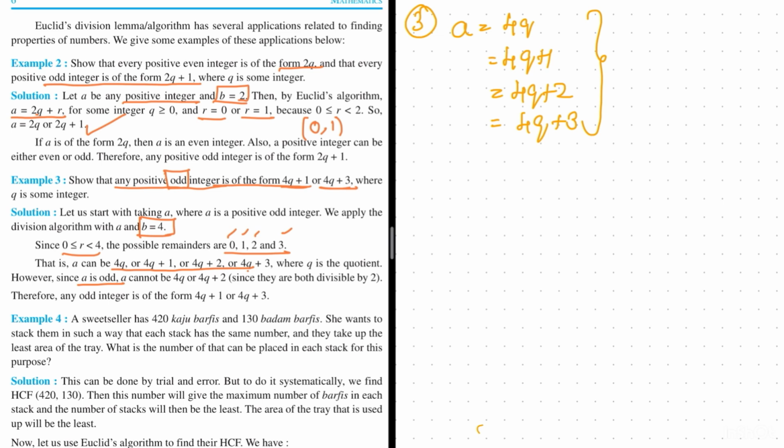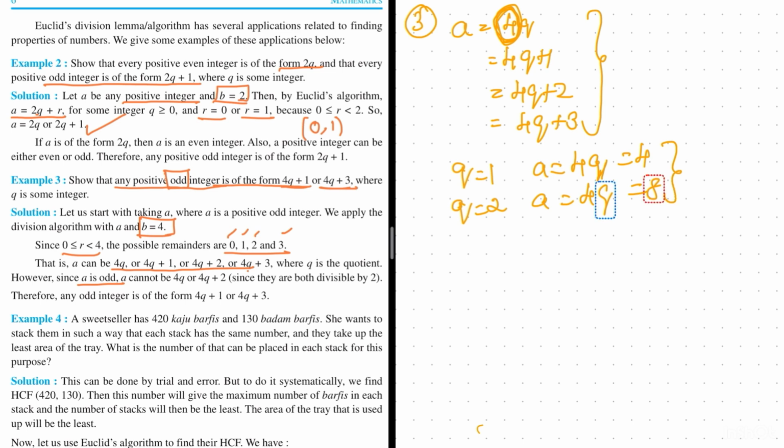So if a has to be odd, note that 4q is a multiple of 4. For any value of q substituted, for example q is equal to 1, a is equal to 4q, that is 4. Q is equal to 2, a is equal to 4q, that is 8.